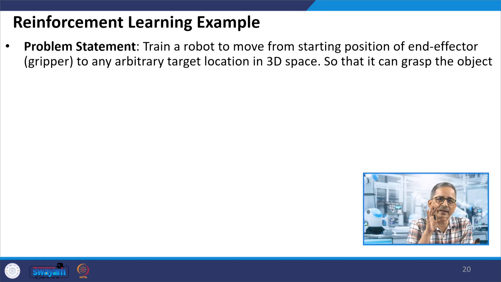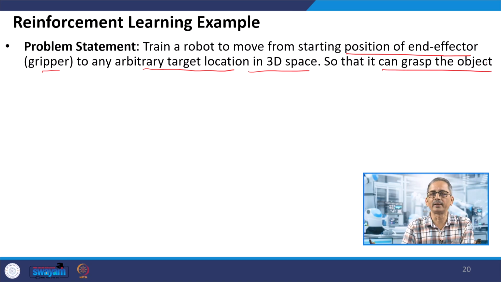Okay. So, first I am going to discuss the example, and after that we are going to see how we can implement that with a code. So, the problem statement is to train a robot to move from a starting position of the end effector or gripper to an arbitrary target location in the 3D space, so that it can grasp the object.